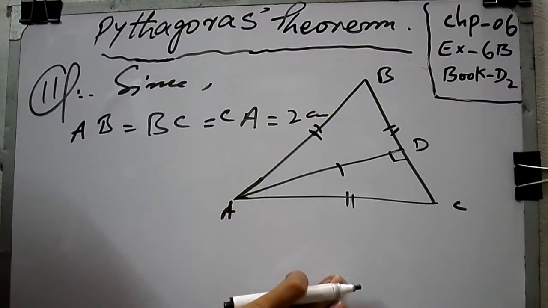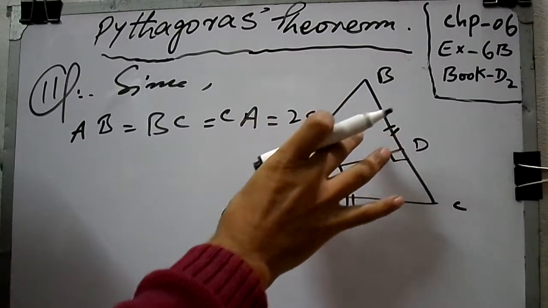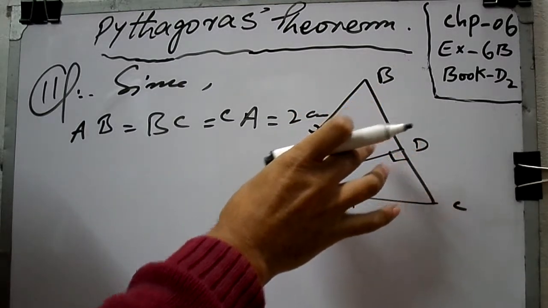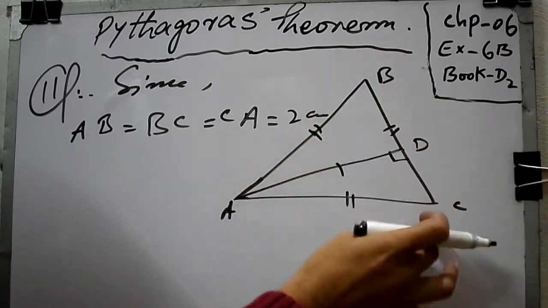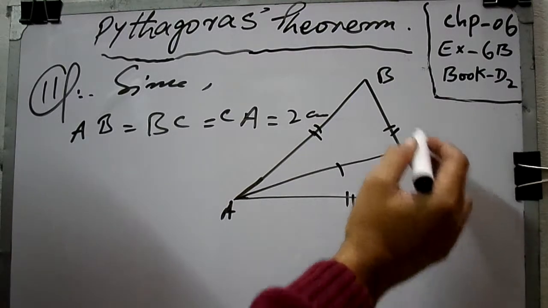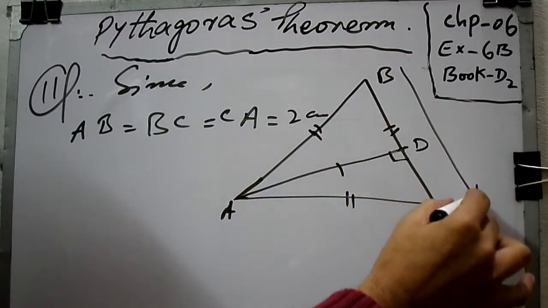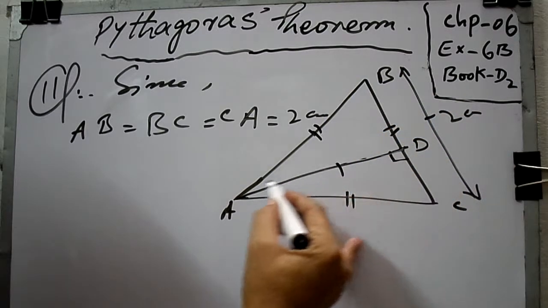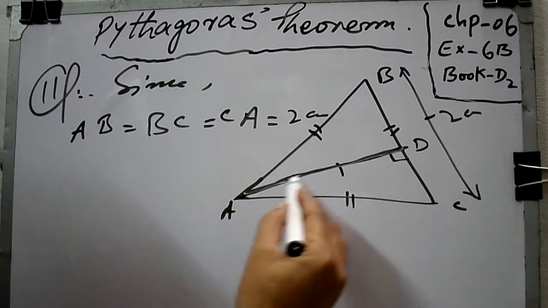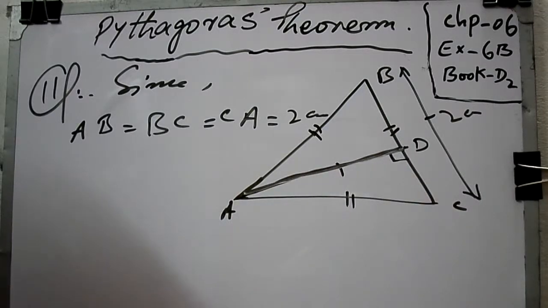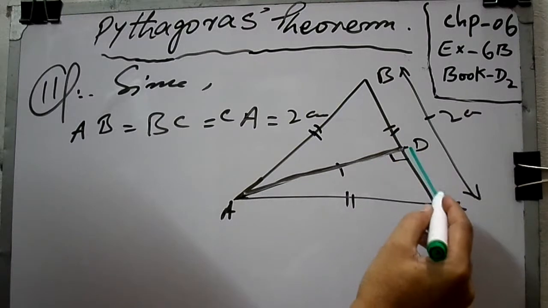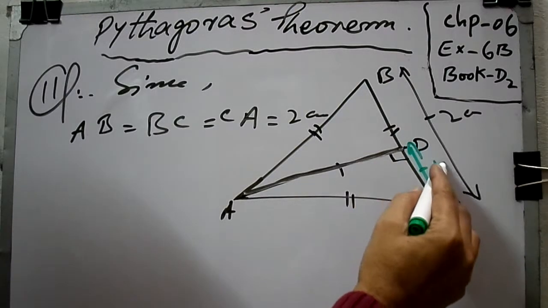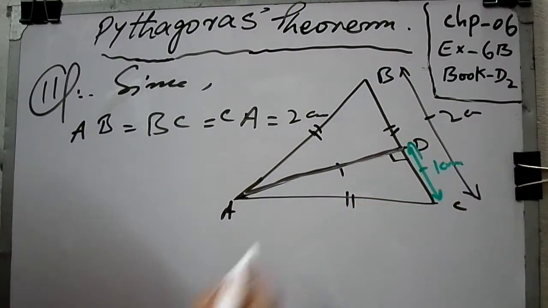When we draw a perpendicular from A to BC, the length of BC is divided into half. If this side is 2 centimeter, after drawing this perpendicular the length becomes half. You need only this length, so this length will be equal to 1 centimeter, because we have drawn a perpendicular. That's why it is your 1 centimeter.